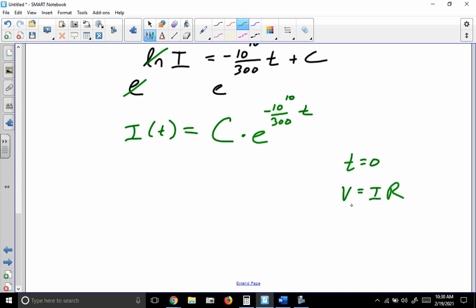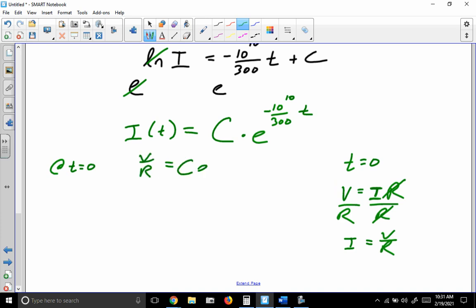So when t equals 0, the current is just the applied voltage divided by the resistance. To get C, at t equals 0 the current is V over R. Put a 0 in for t, and we get e to the 0, which is 1. So C is V over R, and our current function is V over R times e to this power.